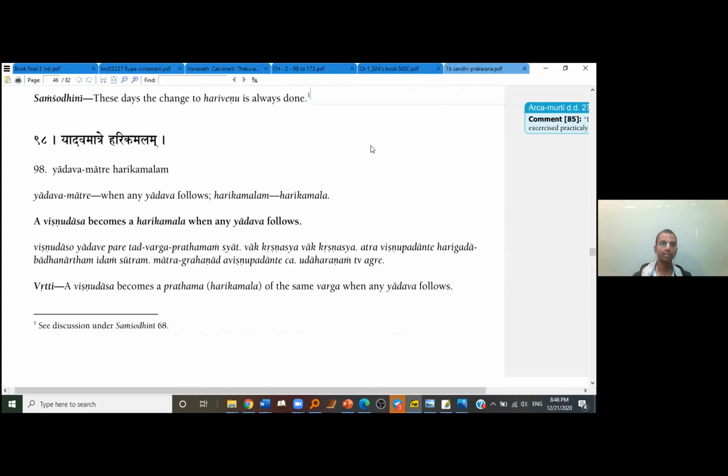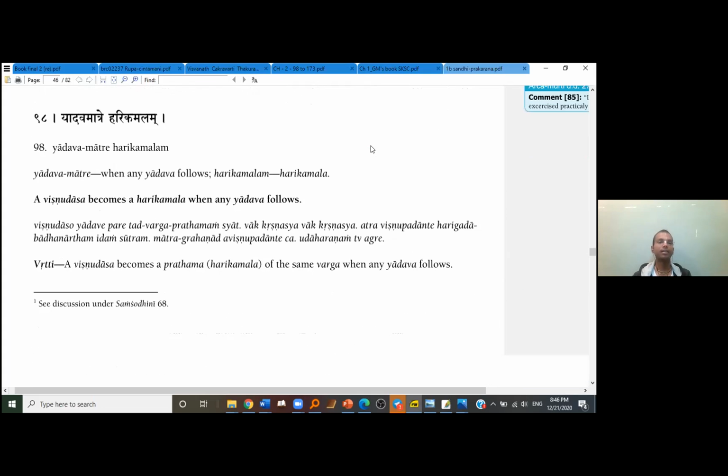So next sutra is yādava-mātre hari-kamalam. A viṣṇu-dāso becomes a hari-kamala when any Yadava follows.